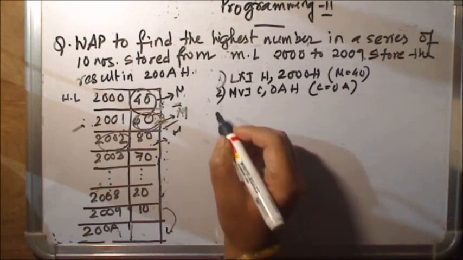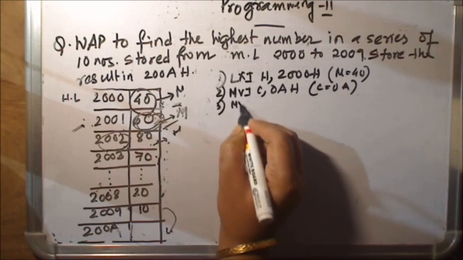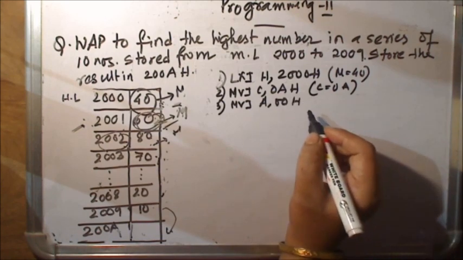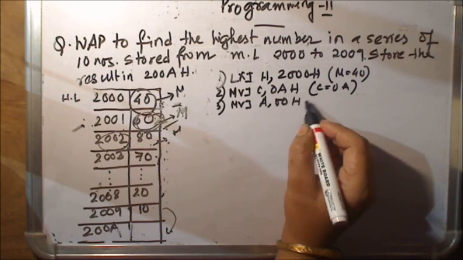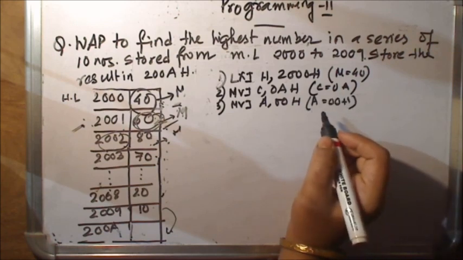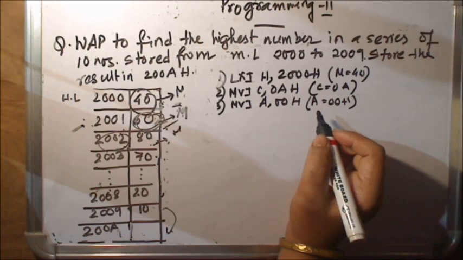Then we initialize the A register with 00. We will assume this as the highest number before we start comparison. So A will be 00. Our initialization is over.